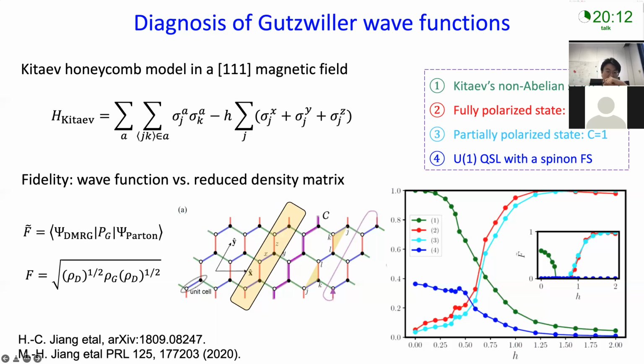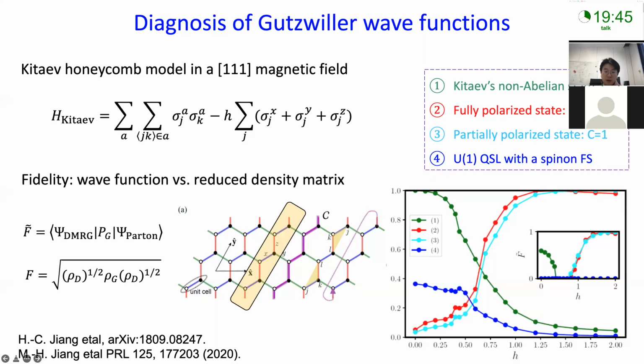So we can see, for small magnetic field, for small h, Kitaev's non-abelian state is a good ansatz. For both quantities, they have very high value. And for large h, the fully polarized state or partially polarized state with a trivial or non-trivial Chern number, turns out they both work very well.